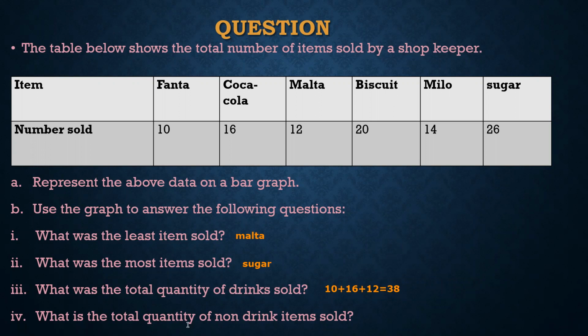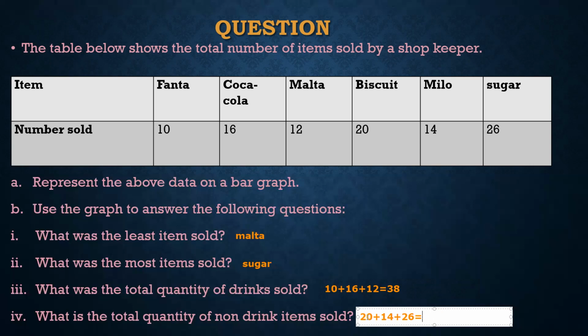Good. Now, what is the total quantity of non-drink items? The non-drink items here are biscuit, Milo, and sugar. So you add the quantity of biscuit, Milo and sugar: 20 plus 14 plus 26.